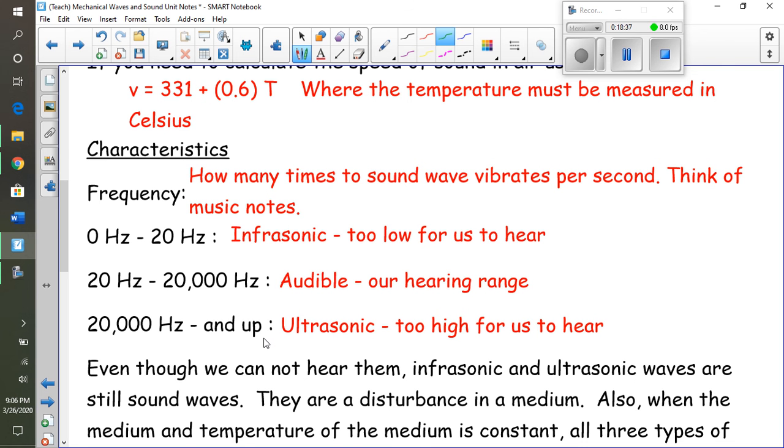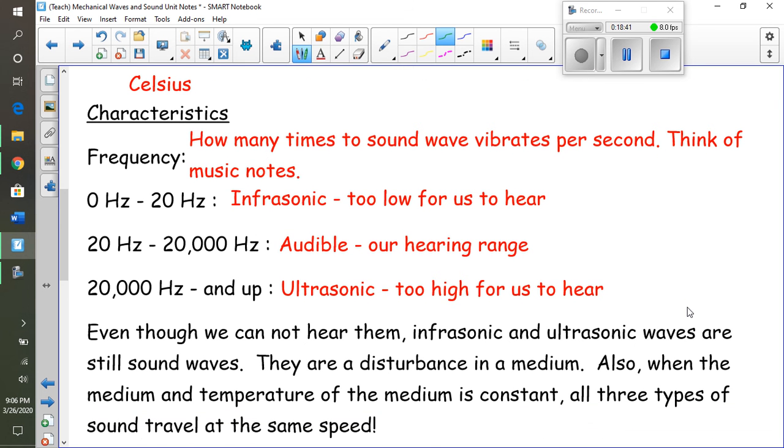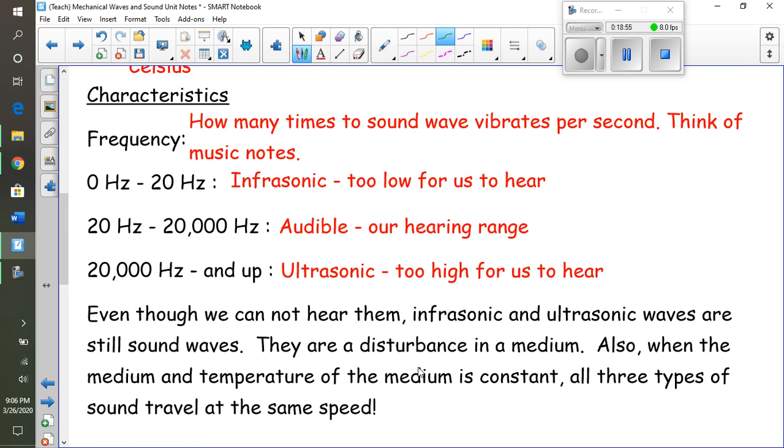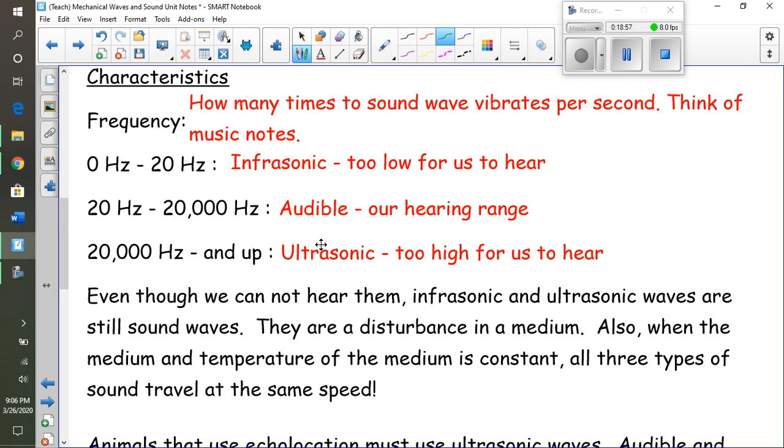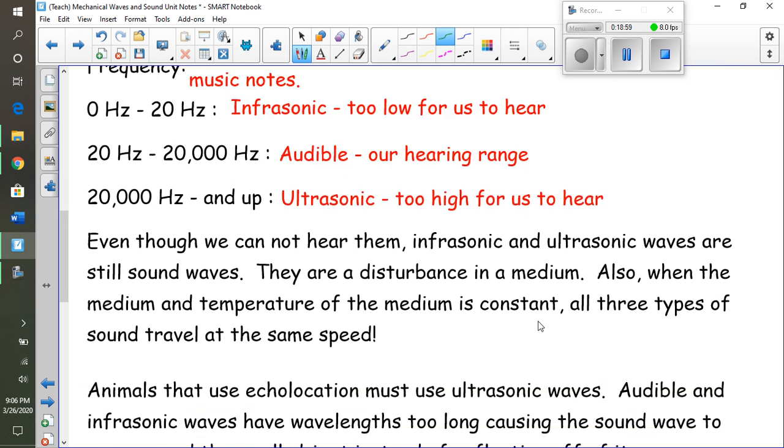These are really high-pitched sound waves. Even though we can't hear infrasonic and ultrasonic, we still call them sound waves. They are still a disturbance in a medium. When the medium and its temperature are constant, all three types travel at the same speed. So they're all sound waves.